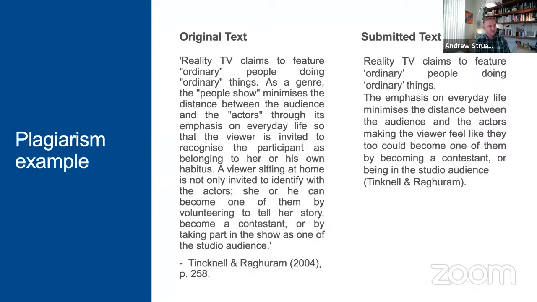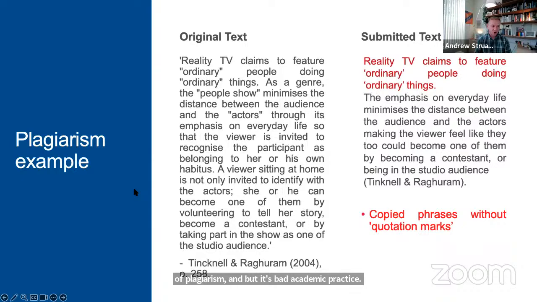Okay, so left, original text, text from the article, right, my essay. This is problematic. Okay, my submission here would count as plagiarism. Right? It's not the worst case of plagiarism, but it's bad academic practice. Okay, and the reason for this is there are copied phrases without quotation marks. So that first sentence, reality TV claims to feature ordinary people doing ordinary things.